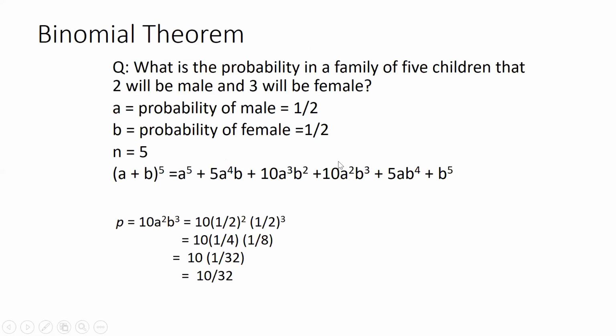So we take this term and plug in our probability values. That is the probability you would get for a family of 5 children with 2 males and 3 females. So it's just a simpler way to calculate the probability, instead of going through every combination it could be. Does that make sense?